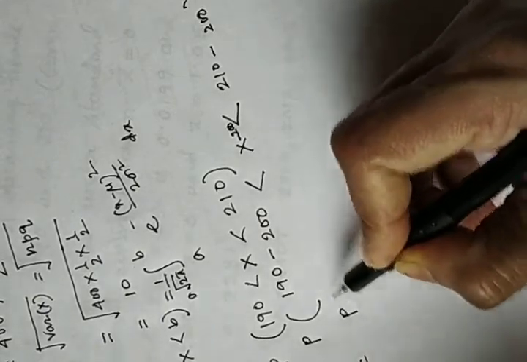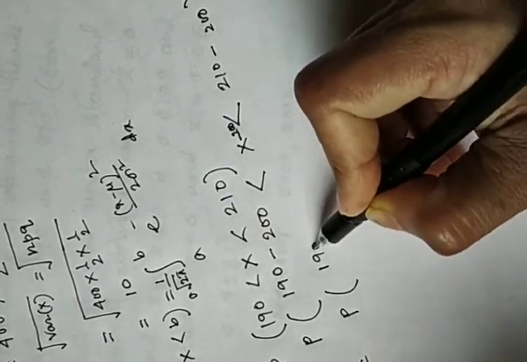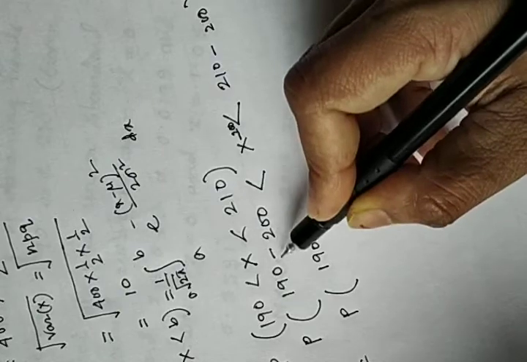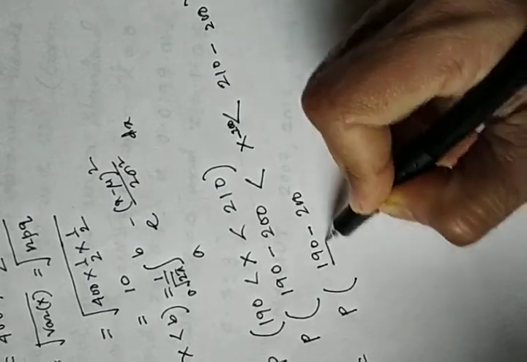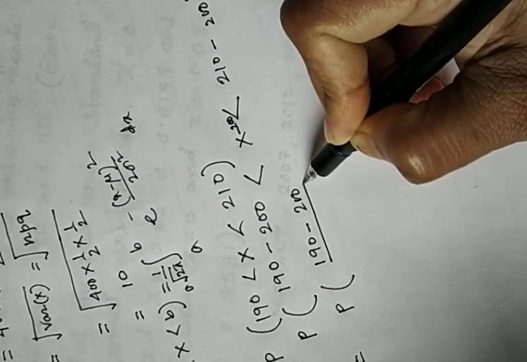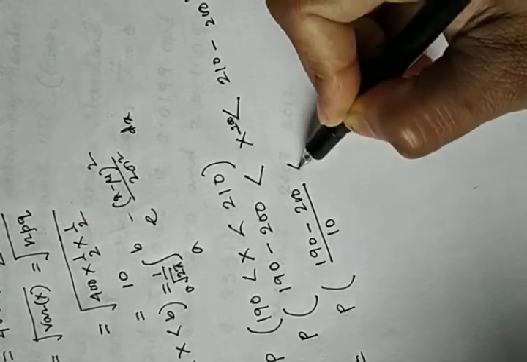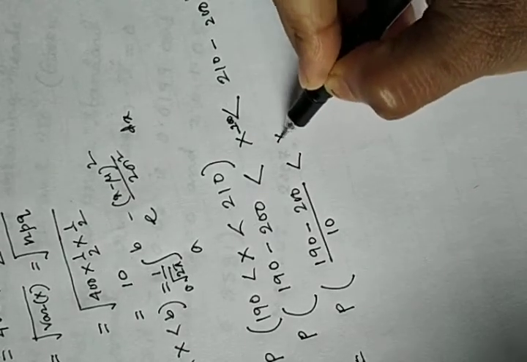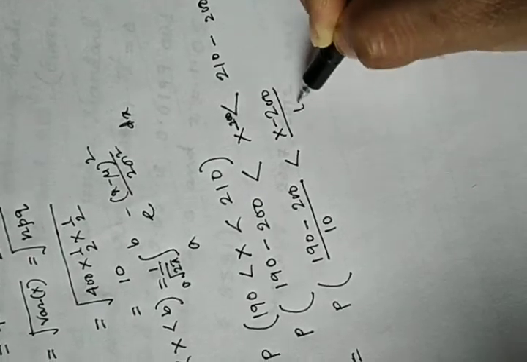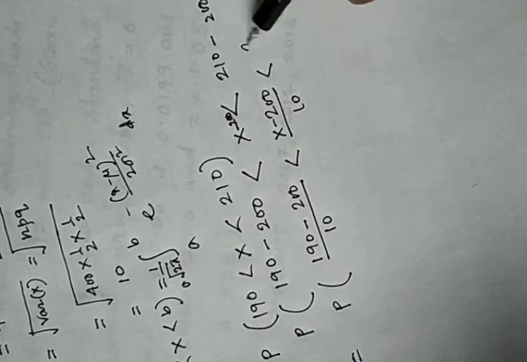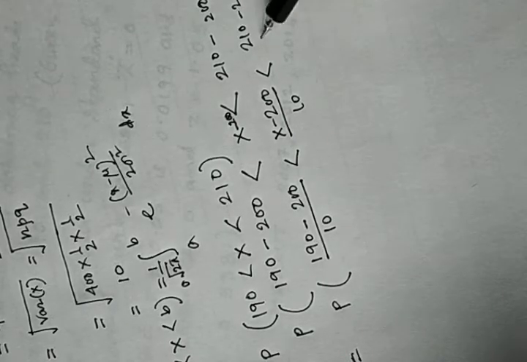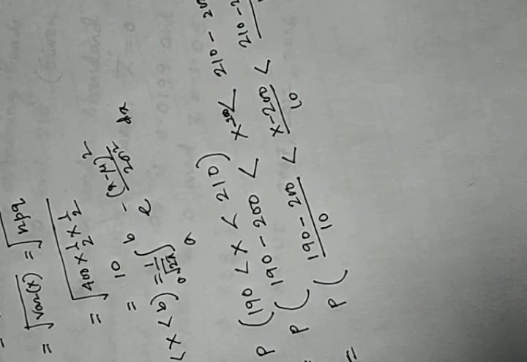Now let us divide by sigma, and sigma we found as 10. So x minus 200 by 10 is less than 210 minus 200 by 10.